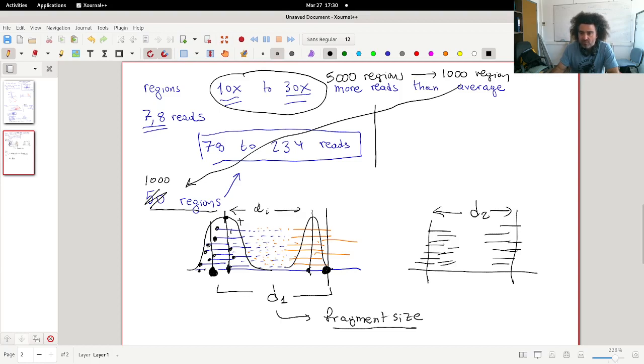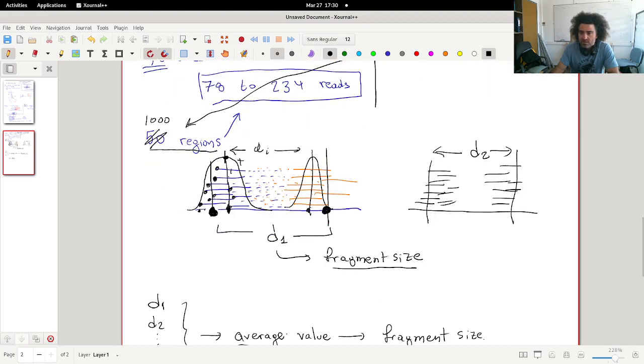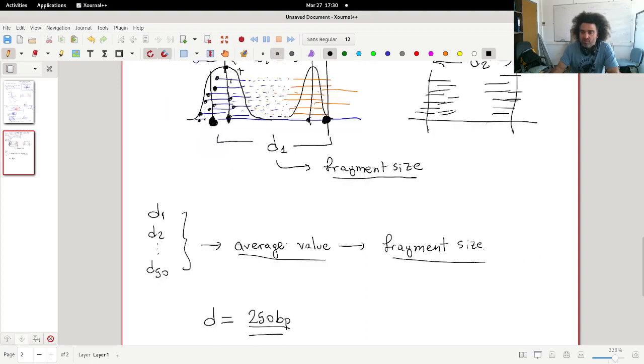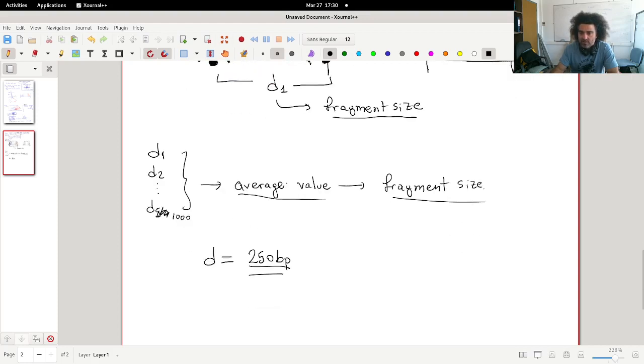So here we have 1,000 fragments, 1,000 such regions. Again, we do the same for the second location, third location, up to 1,000. I should correct also this one, just to be accurate according to the manual. And then it finds the average value of the D here, and this is 250 base pairs, and now this is called fragment size.